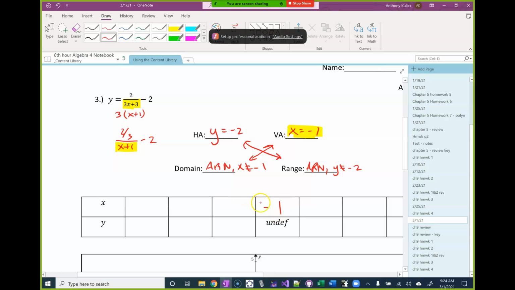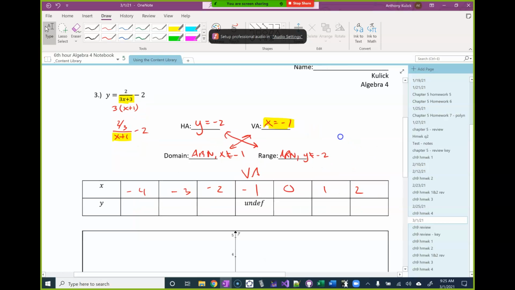So the vertical asymptote is the middle. Then I'll do 2 numbers less, and then 2 numbers bigger. Let's see, that's going to be -12 plus 3 is -9, so that's -2 and 2/9.